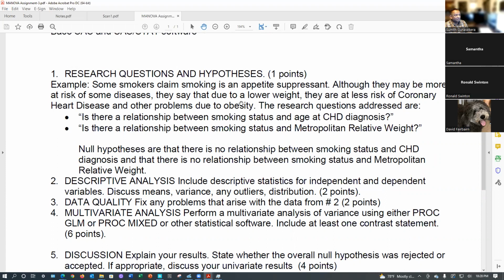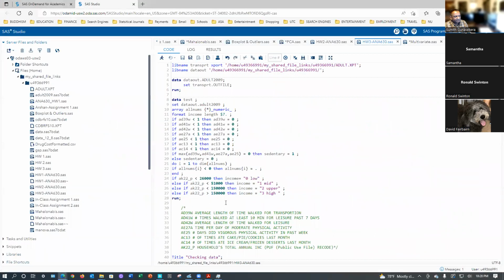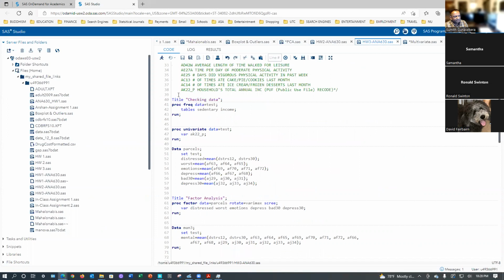Some smokers claim smoking is an appetite suppressant. You don't have to stick to this, but here is the way that I set it up. You have to set up a MANOVA. I got these variables: AD39W, AD41, AD42, AE27.